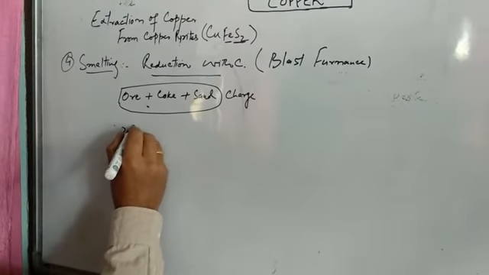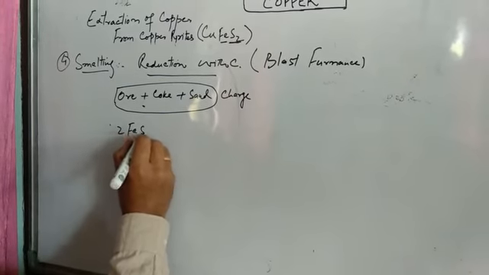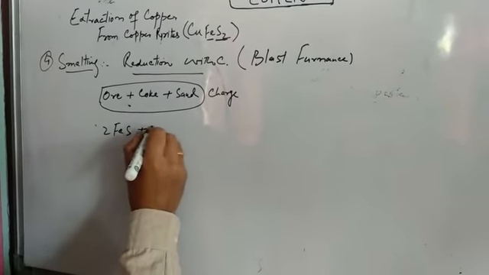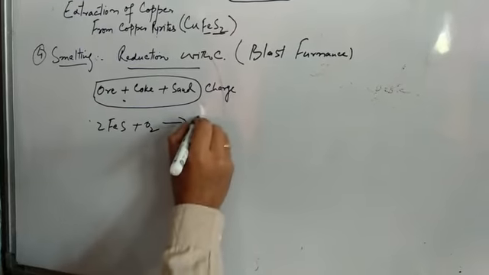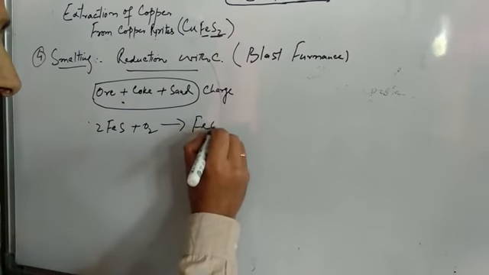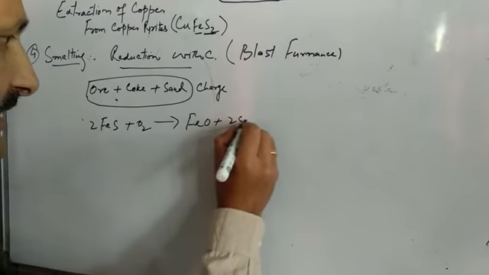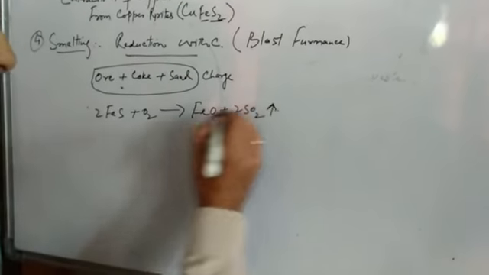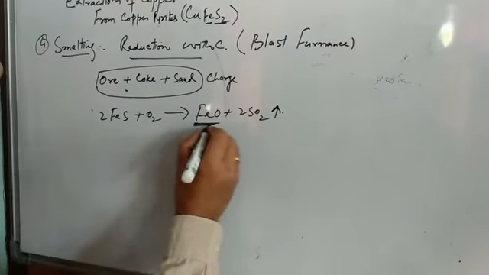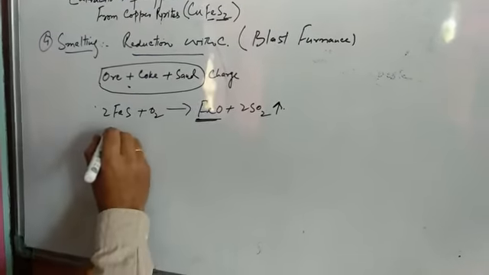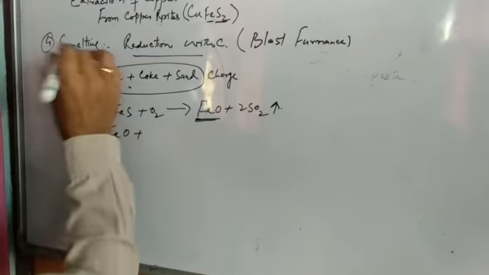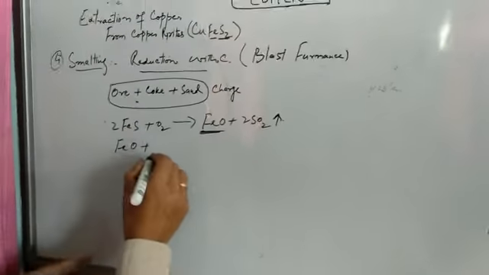If there is any iron sulfide present in the ore, it gets oxidized to form ferrous oxide, and the sulfur dioxide being a gas goes out of the outlet of the furnace. So we get iron oxide. Now this iron oxide is further subjected to smelting in the same container.